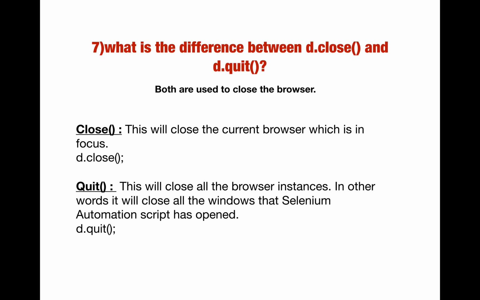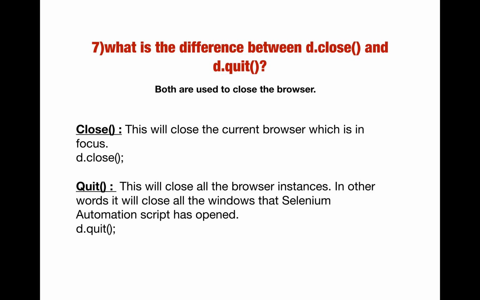Now, what is the difference between driver.close and driver.quit? Both are used to close your browsers, but close is a little different than quit. Close will close the current browser which you are working on, which is in focus. So when you say driver.close, it will close the web browser that is currently open.